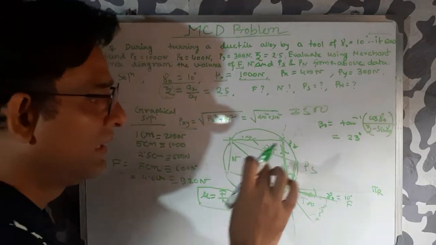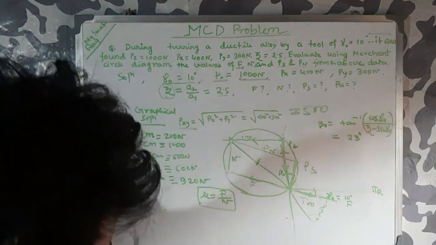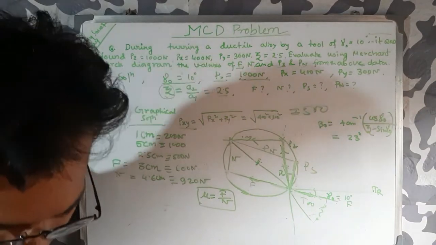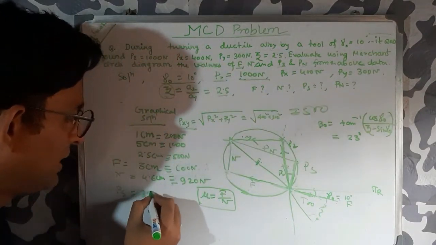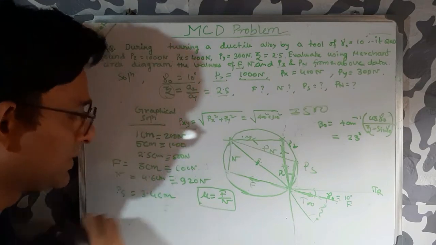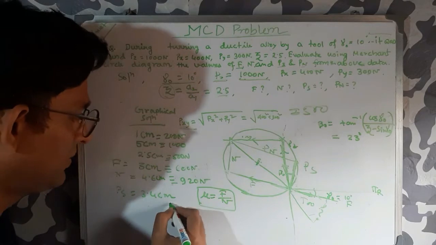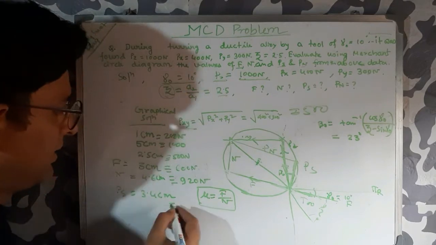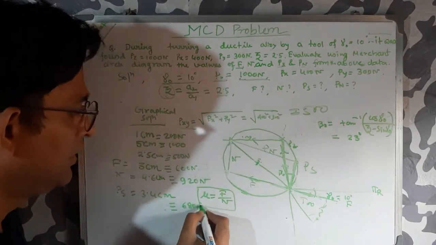Now measure this length. If you measure the length of PS, you will get the value. Assume the length of PS comes out as 3.4 centimeter. Obviously, you can easily find the equivalent in Newton: multiply by 200, that will be equal to 680 Newton.